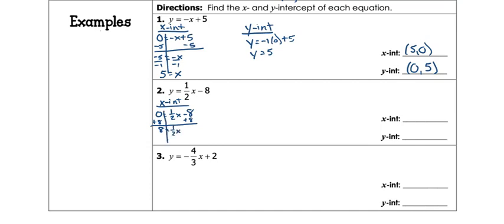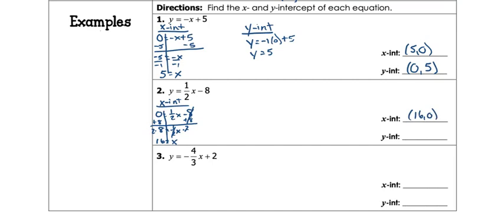Now remember, if I want to move a fraction, I multiply by its multiplicative inverse. So if I take 1/2 and flip it over, that's 2 over 1. So I'm going to multiply both sides by 2. So 2 times 8 is 16 equals the 1/2 and the 2 multiplied to make 1 leaves me with x equals 16. So my x-intercept is (16, 0).